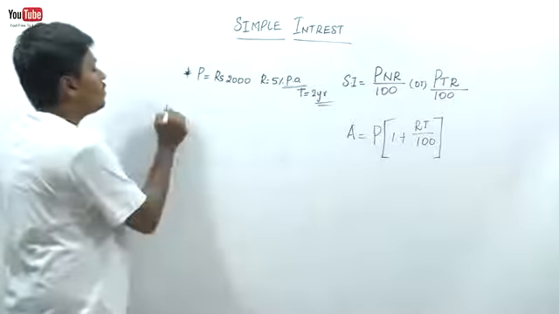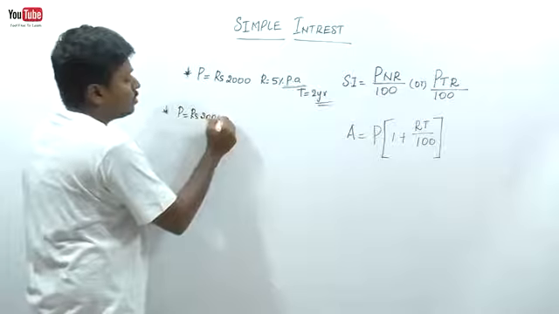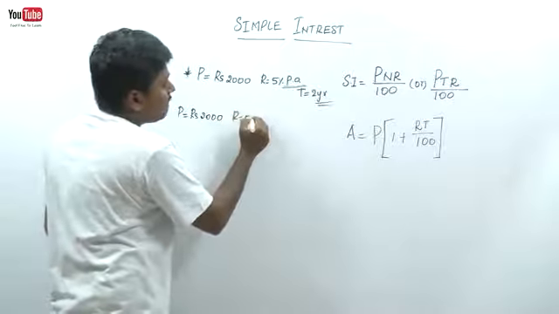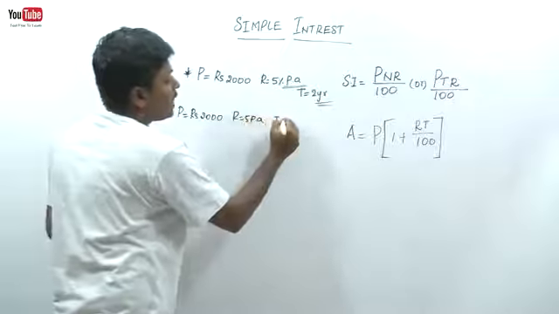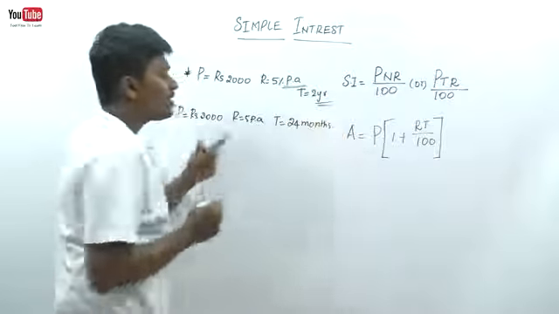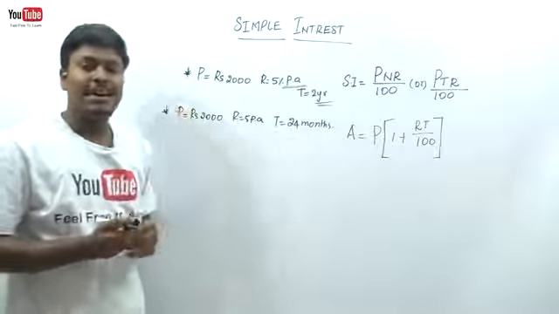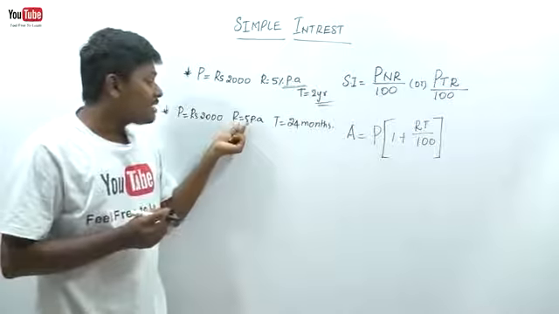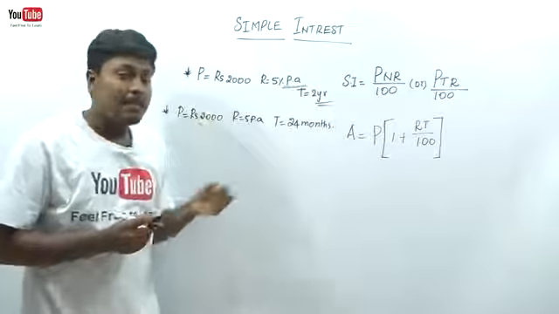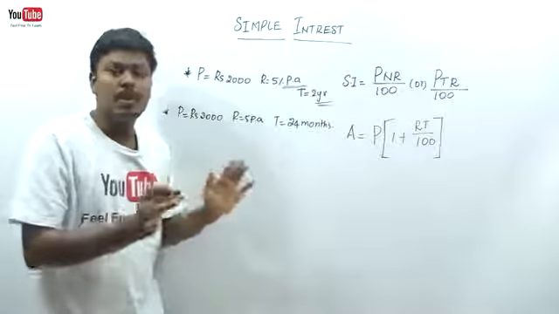Let me move on to condition number 2, where P equal to rupees 2000, rate of interest 5% per annum, time duration 24 months. If a question is like this, as I already told you, don't worry about P. We can directly substitute the value of P. The rate of interest is 5% PA, that determines per annum, so don't worry about that.